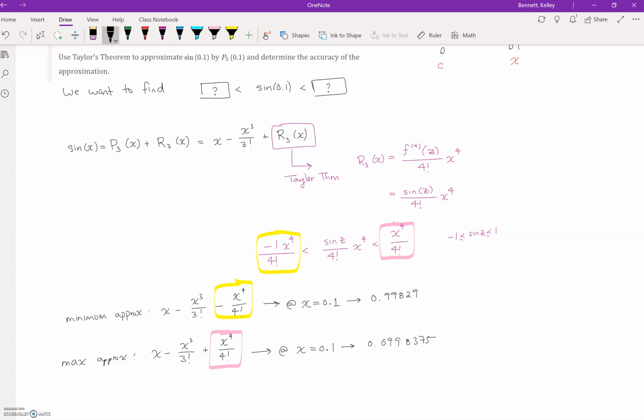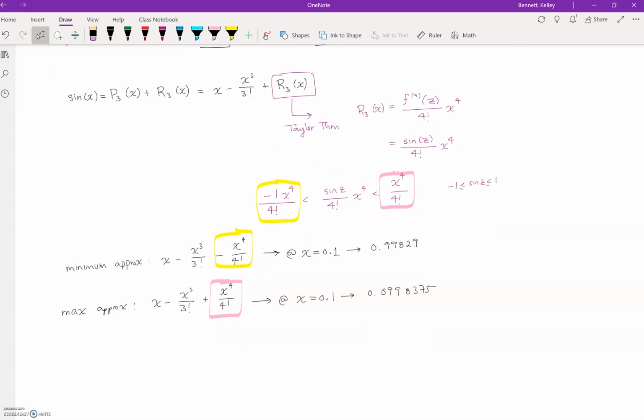So these are the two numbers that we were looking for. So what we can conclude is that 0.09983 is less than sine of 0.1, and that has to be bounded above by 0.099835.